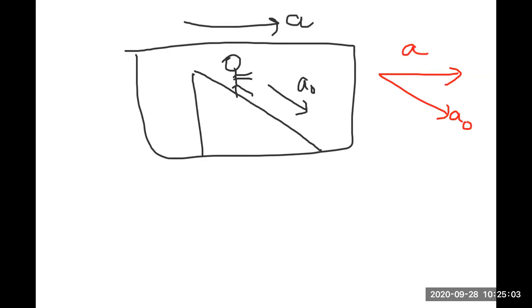In the first case, you were adding up two vectors a and a naught like this. In the second case, you are adding up two vectors a and a naught like this. So this should be no different, right? Now I say that this person does not have any acceleration on the slide. So he is sitting on the slide.